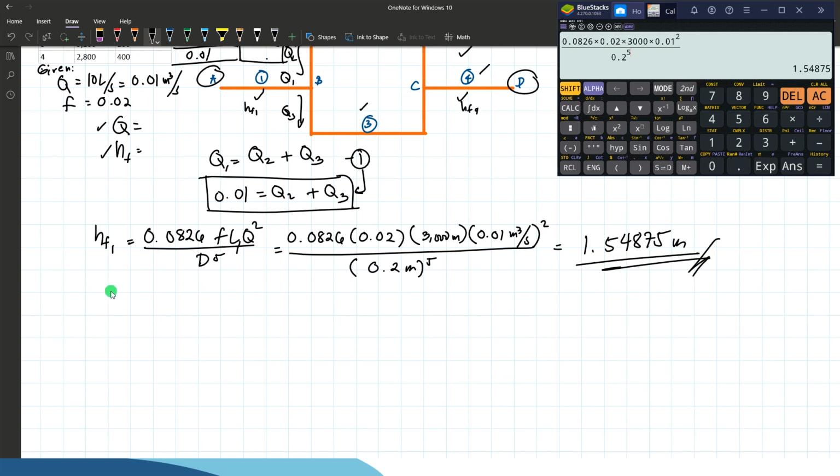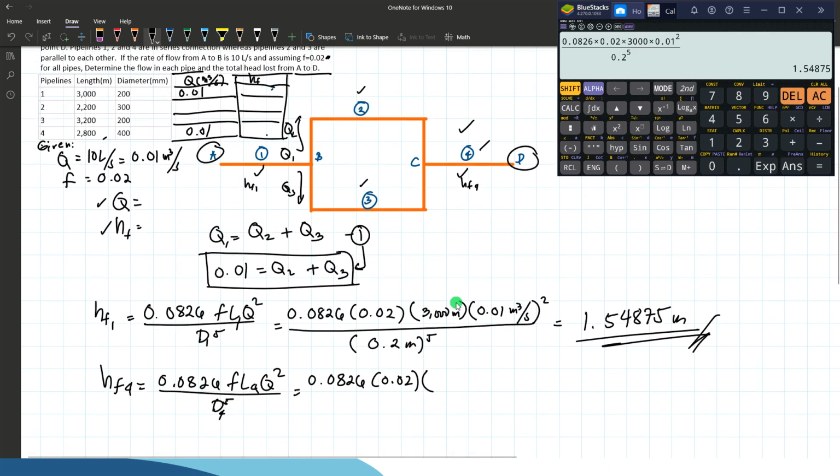Next, HF of 4, same formula, 0.0826 F L4 Q squared over D raised to 5. F is 0.02, length for pipe number 4 is 2800, 0.01, same discharge, divided by the diameter, which is 0.4 because we have a 400 mm diameter.